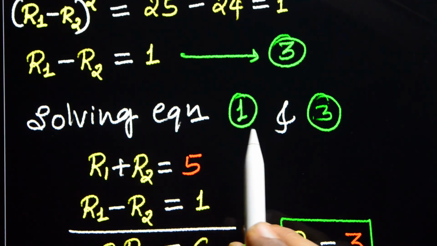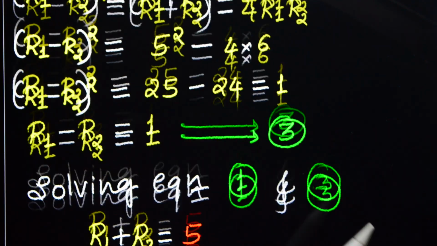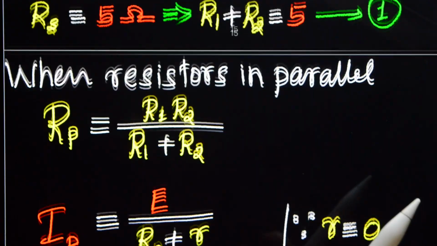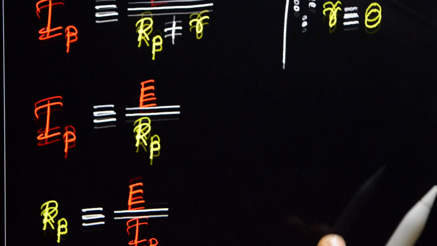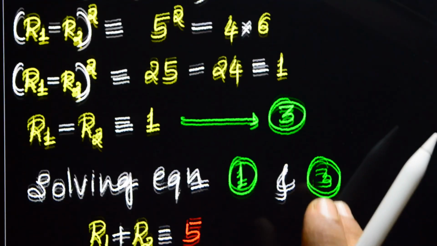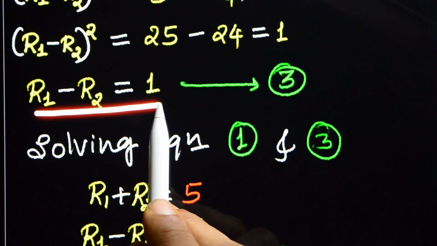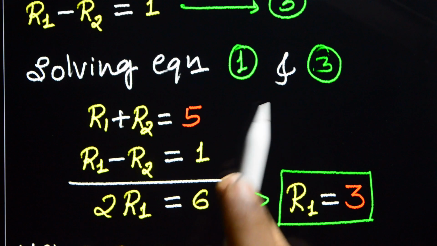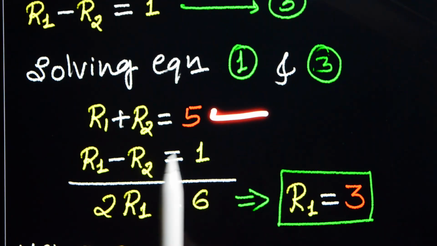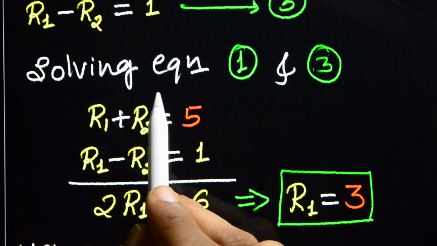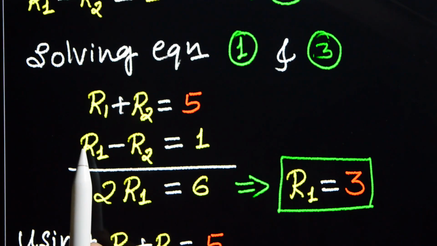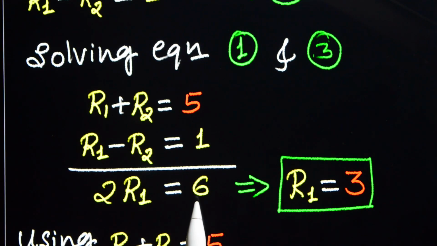Solving equations 1 and 3: equation 1 says R1 plus R2 is equal to 5, and equation 3 says R1 minus R2 is equal to 1. When you add them, R2 gets cancelled, and 2 R1 is equal to 6.